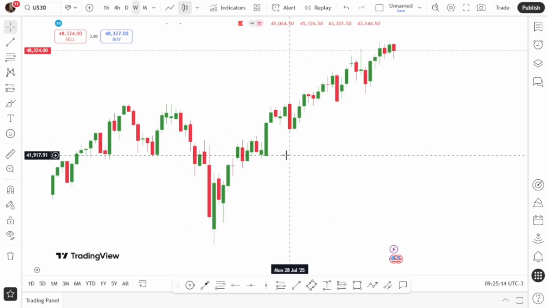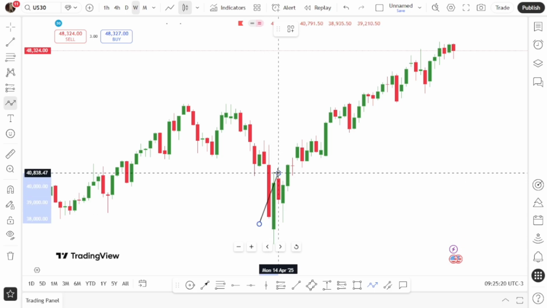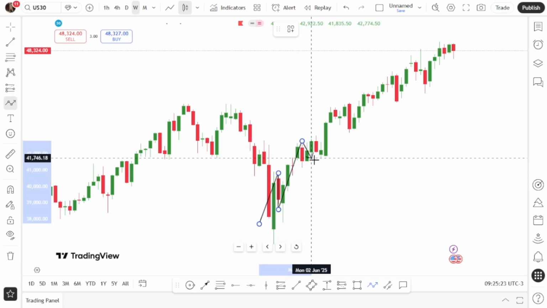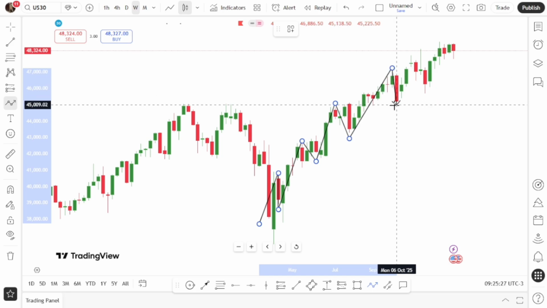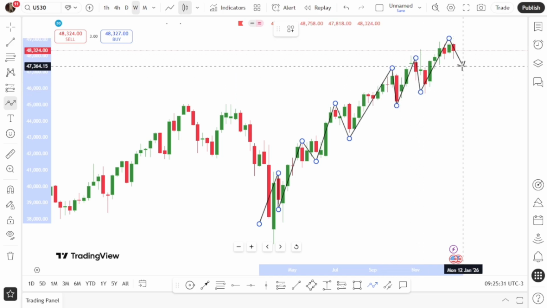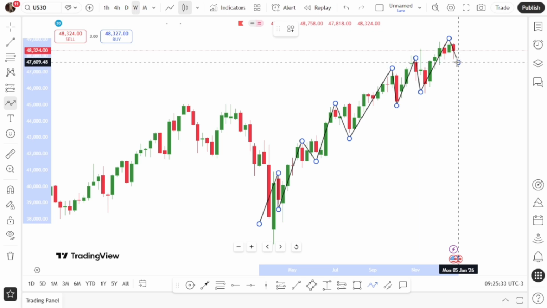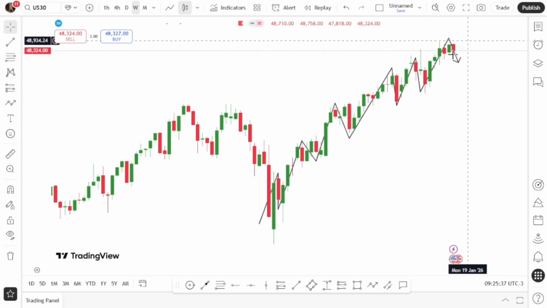Number two, in this bullish trend we can see price creating highs and lows, highs and lows, and price has created another high to come and sit on top of this previous high, and price is getting ready to push to the upside.